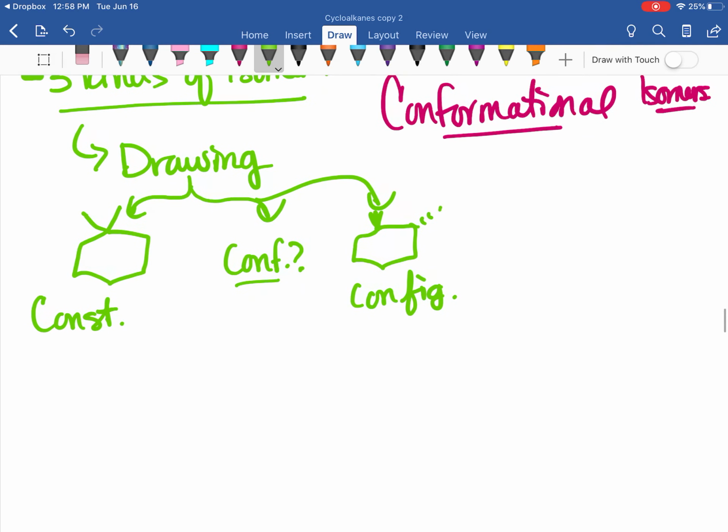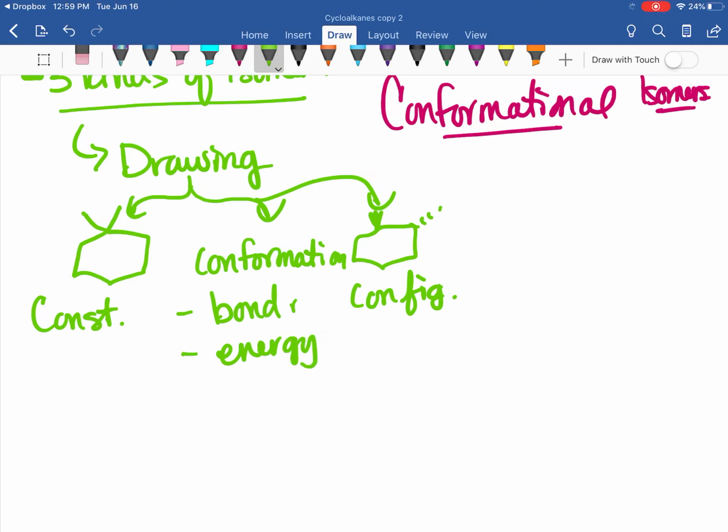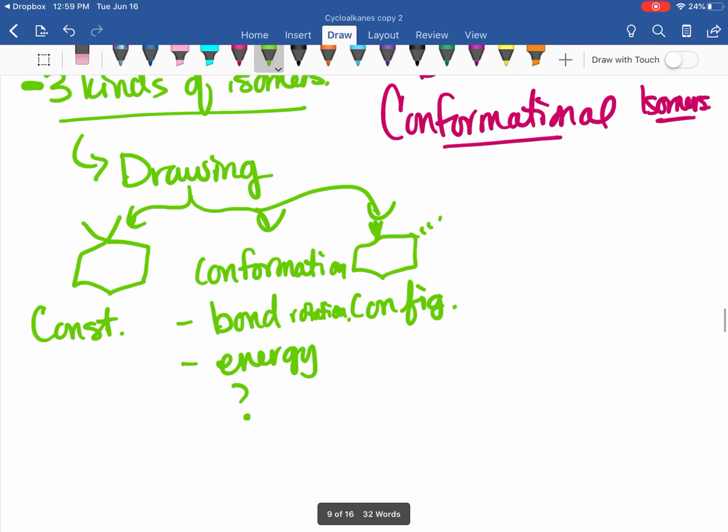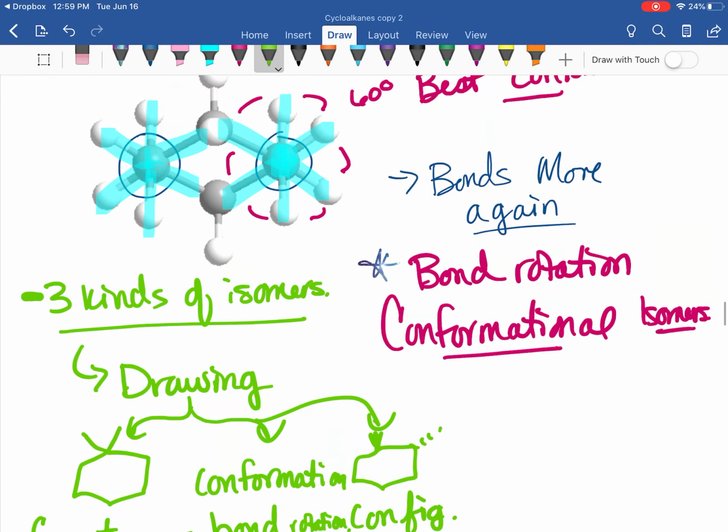So remember what we are looking at for conformational. I better make that more clear because that's the same as configuration. Conformational has to do with bond rotation and energy. So how do we view that and how do we draw that? Let's start with that one.